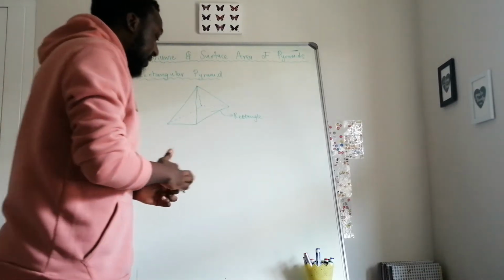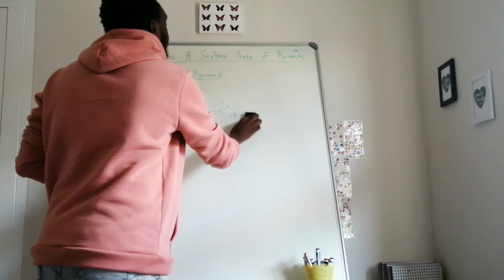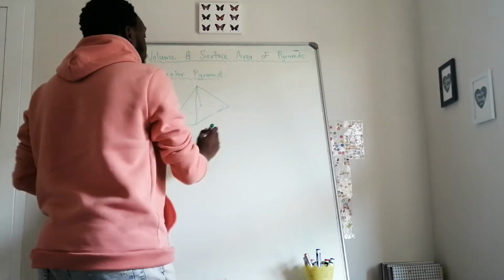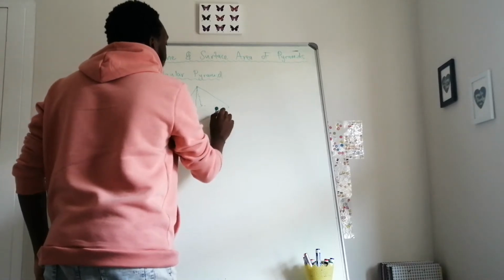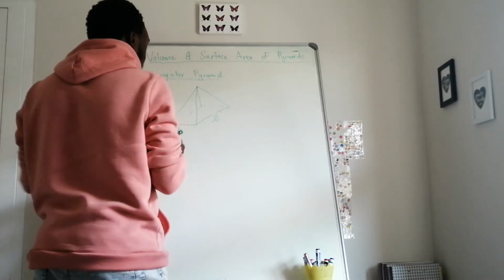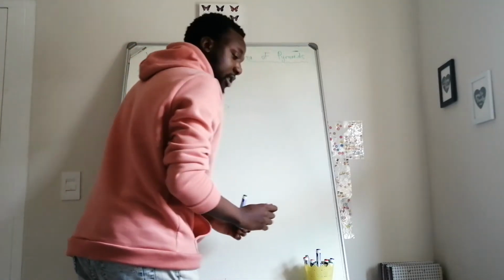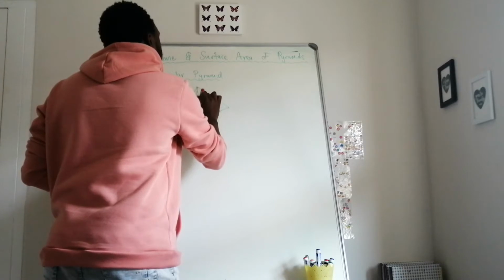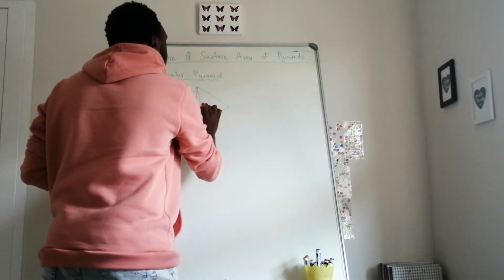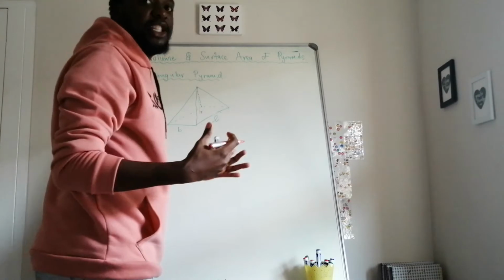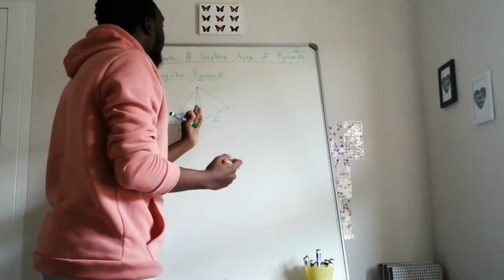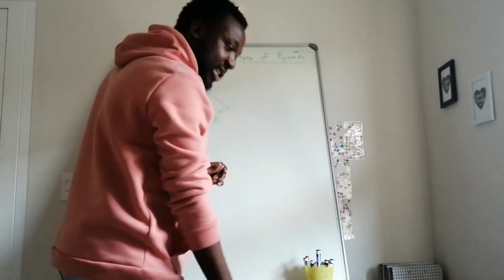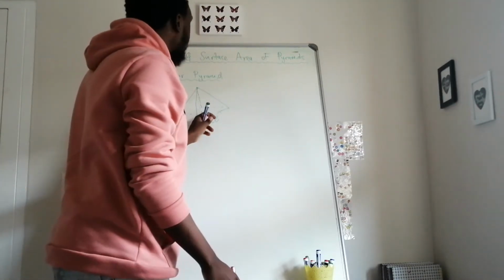So how do we find the volume and surface area of this? Let me just call this length, and this will be breadth. Now the perpendicular height is the height that comes right from the apex straight down to the center, and it gives you a right angle there.